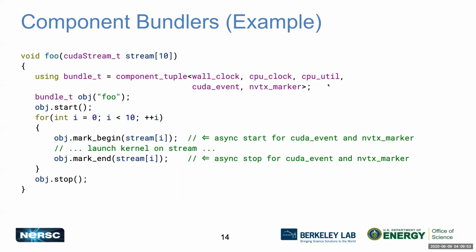So it's a demonstration about how you really don't have to do anything special with these component bundlers. You don't have to worry about whether or not a component supports a certain operation. The bundler takes care of making sure that you don't have any compile time errors, and it'll just silently eliminate that call for your components when they don't support something being called on there.